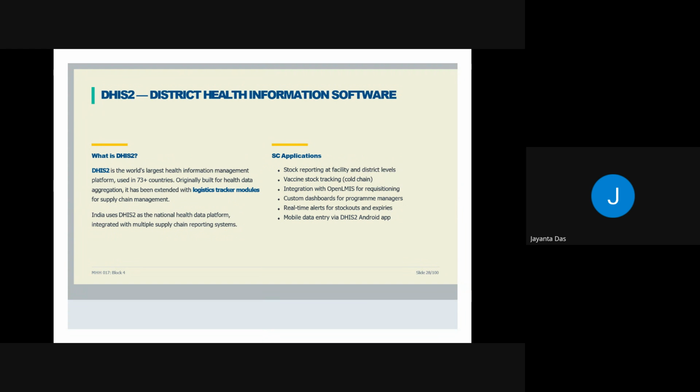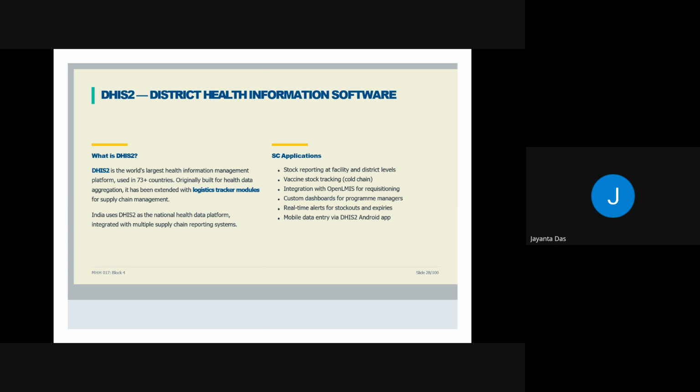And at a central level, somebody collates it and transforms it into information which can be used for evidence-based decision making. India uses this platform as the national health data platform, integrated with multiple supply chain reporting systems.